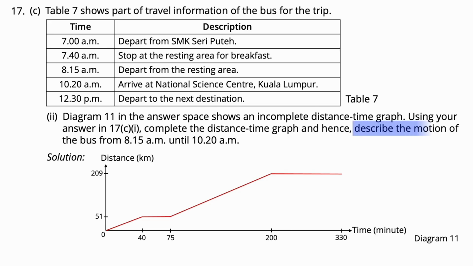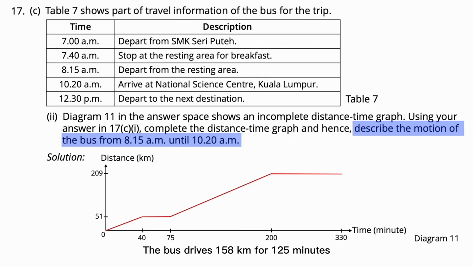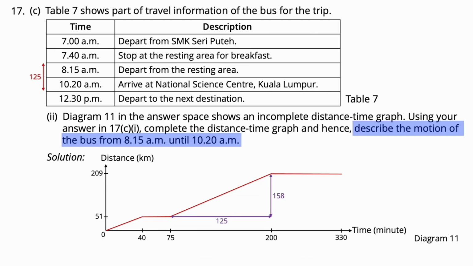Hence, describe the motion of the bus from 8:15 a.m. until 10:20 a.m. The bus drives 158 km for 125 minutes. Convert minutes to hours: 125 divided by 60. Find its speed.